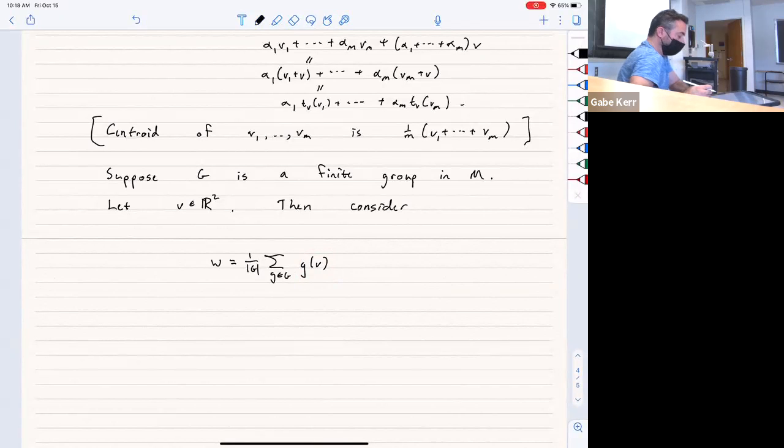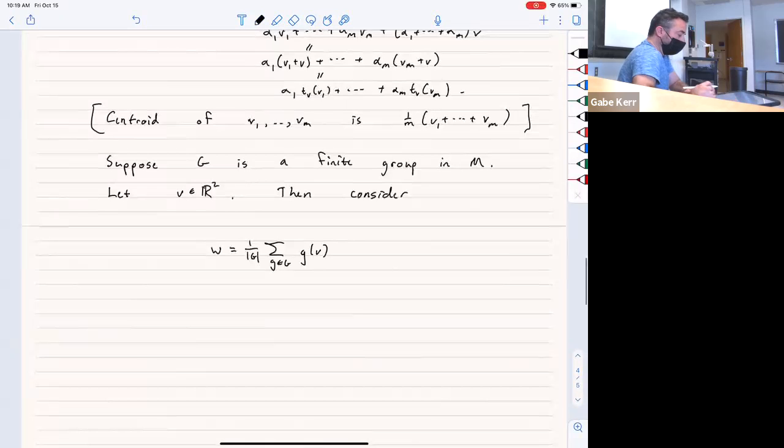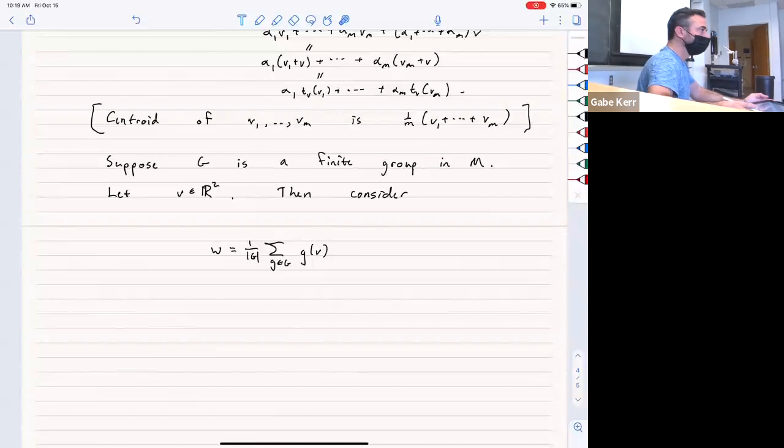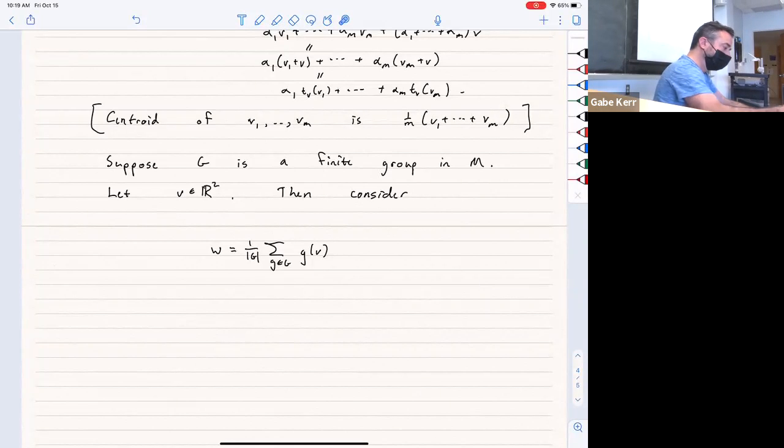This is an affine combination because there's one element for each g, and the coefficients are all 1 over the order of G. If I add all the coefficients up, I get the order of G times 1 over the order of G, which is 1. This is an affine combination.